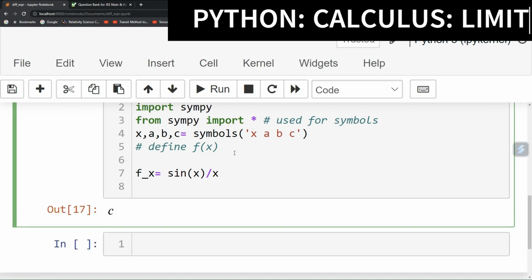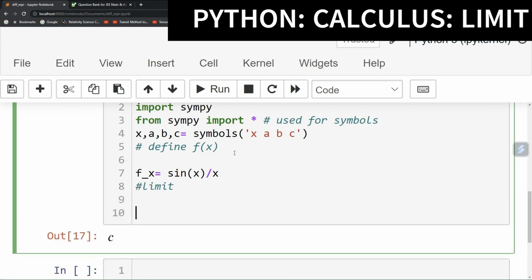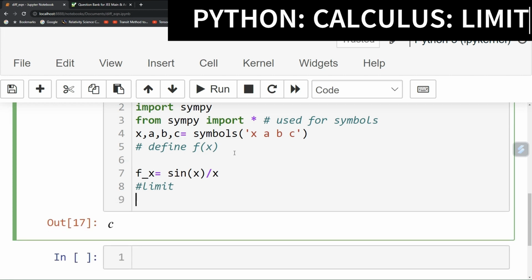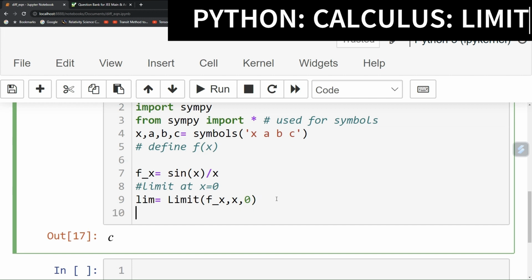And for the limit, you give the limit of your function of x with respect to x, and you want to evaluate the function at x equal to 0. So limit at x equal to 0. Let's see what limit is returning.